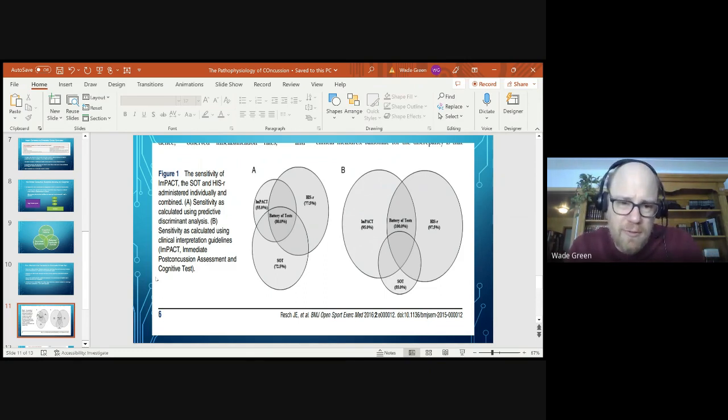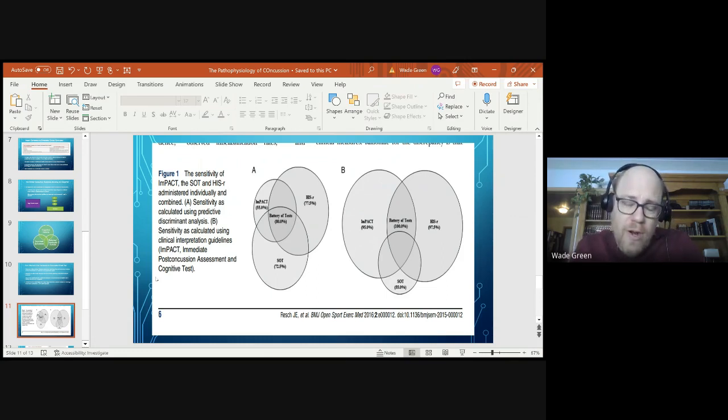The HIS, by the way, is essentially a symptom report scale. Over here in letter A, we're looking at sensitivity, so the ability to identify somebody with a concussion when they actually have a concussion.